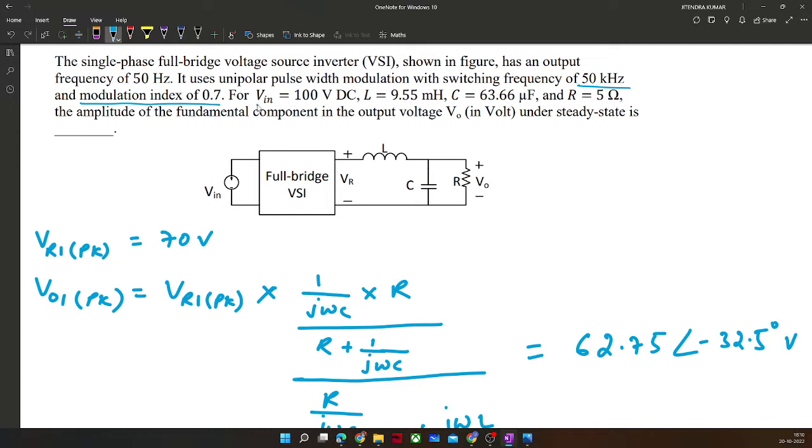And the input DC voltage is 100 volt, and L and C are given, R is also given here. We need to compute the amplitude of the fundamental component in the output.